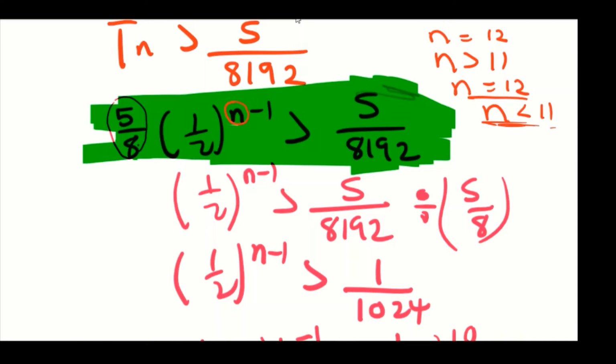You can test 11 and see if it gives you Tn greater than 5 over 8192. The conclusion I found when testing everything is that n equals 10 definitely gives you Tn greater than 5 over 8192. So n equals 11 is the final answer of this problem.